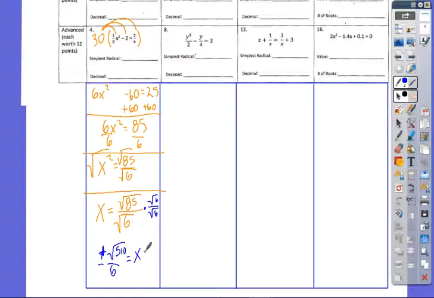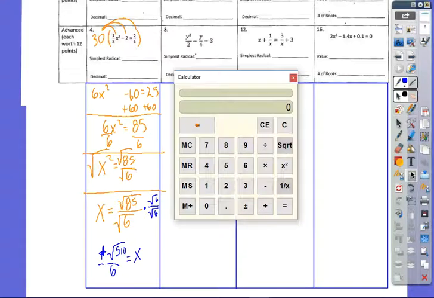We also need a decimal equivalent, and for that we need a calculator. Remember? So let's take the square root of 510. Okay, that's really. I know. Grace really doesn't like that either. But look, it says 22.58. And we are going to divide that by 6. And so we get 3.76.